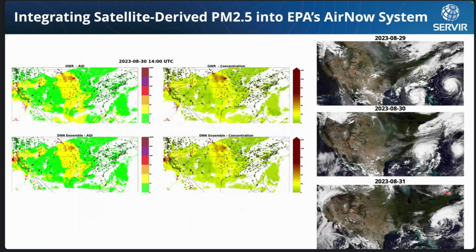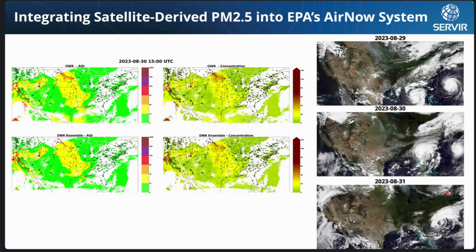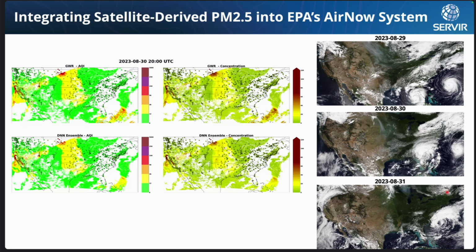So here is a snapshot animation of gridded PM2.5 from GWR in terms of AQI and absolute concentrations for August 30 during Canadian wildfire season, when we had orange sky over New York.